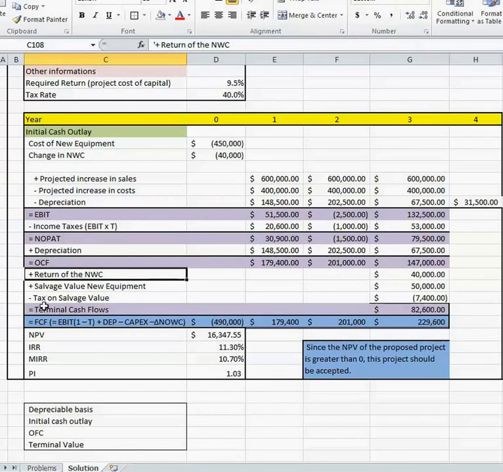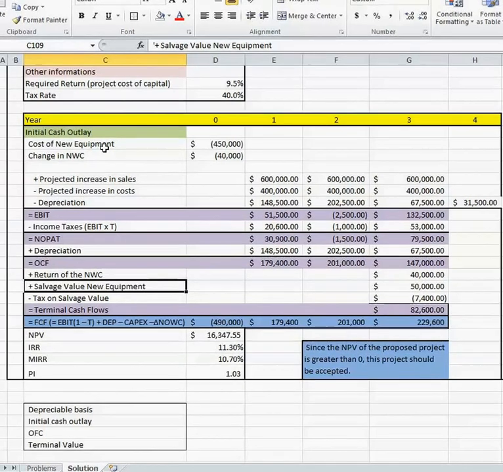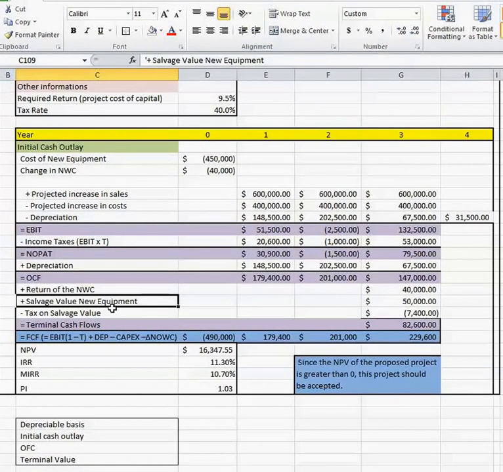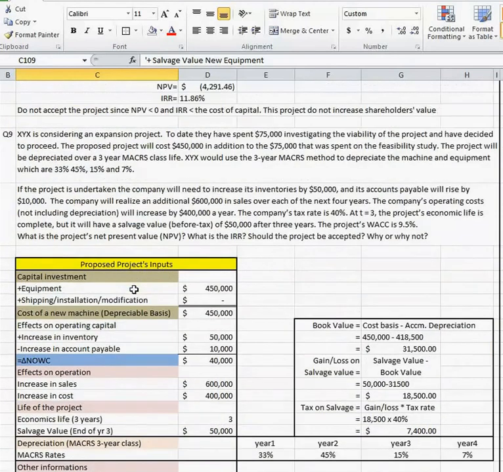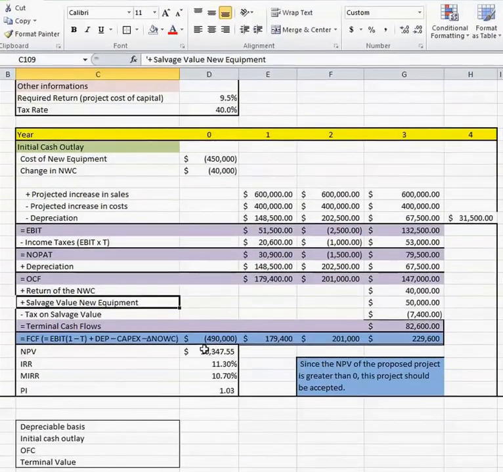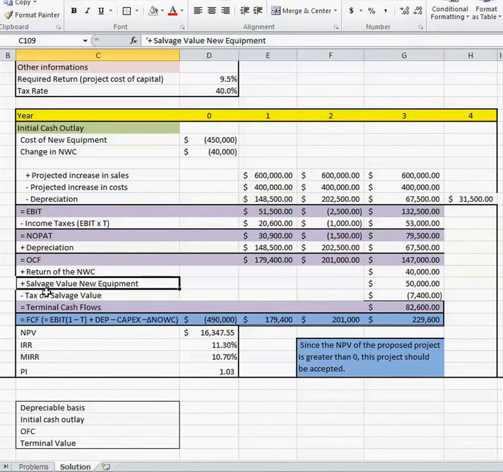What else? Now you have the machine or the equipment. You can sell it, and that value is given here in the question. The salvage value is $50,000, right? So we put that plus here, $50,000. Now this is a simple project.